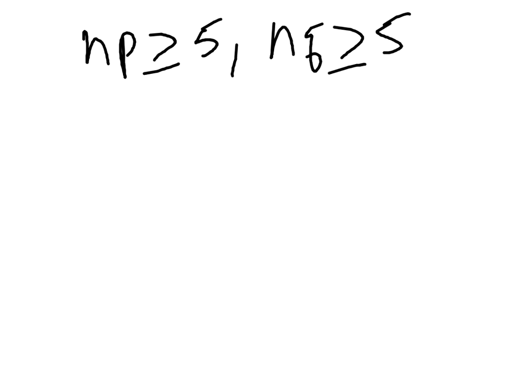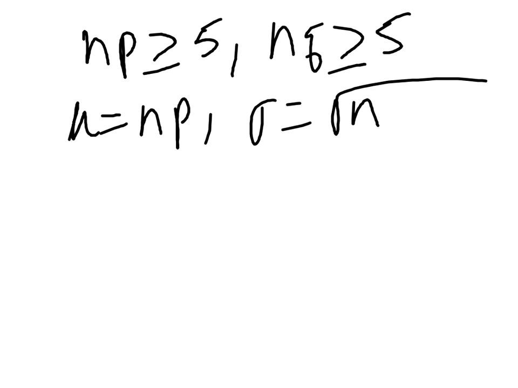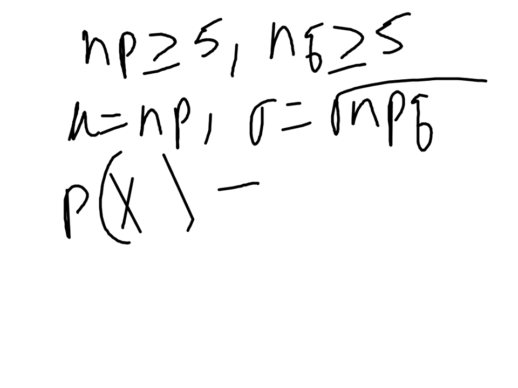Then it says find the mean and standard deviation. Remember, the mean equals NP, standard deviation equals the root of NPQ, Q being failures. Write the problem in probability form using our X. Remember, we normally did the probability of X equals something.